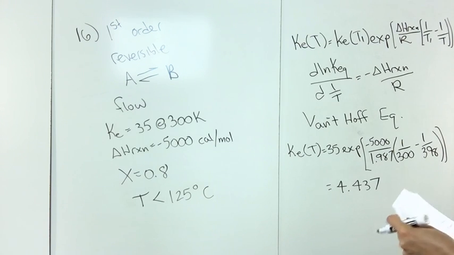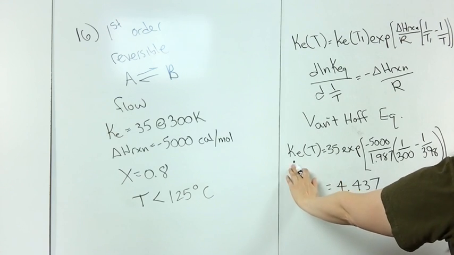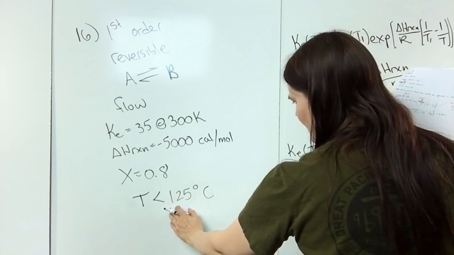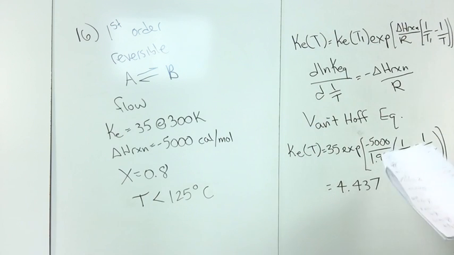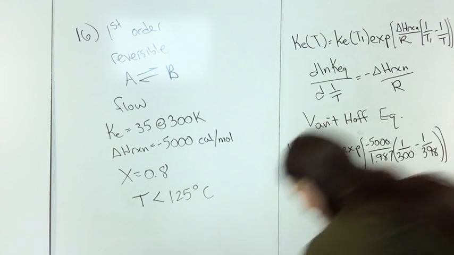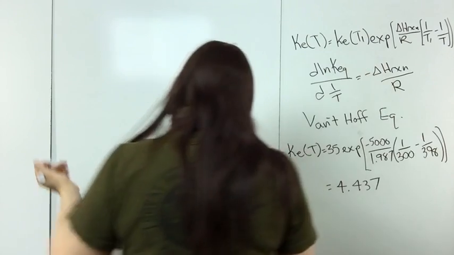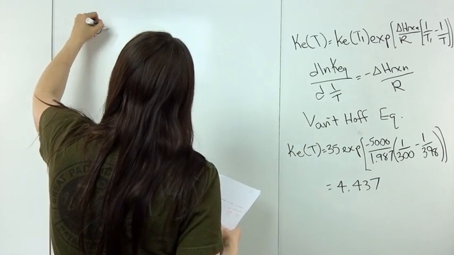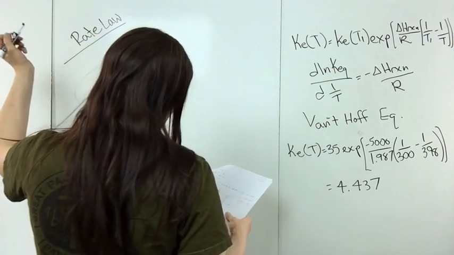But then the problem is asking about conversion and whether you have to operate below 125 in order to get 0.8 conversion. So I'm going to erase some stuff real quick. What we can do is write the rate law.